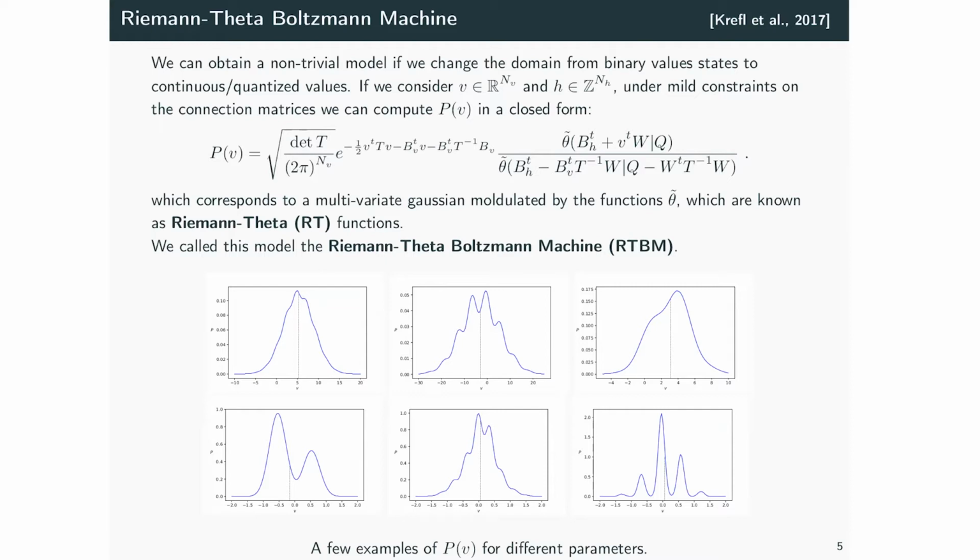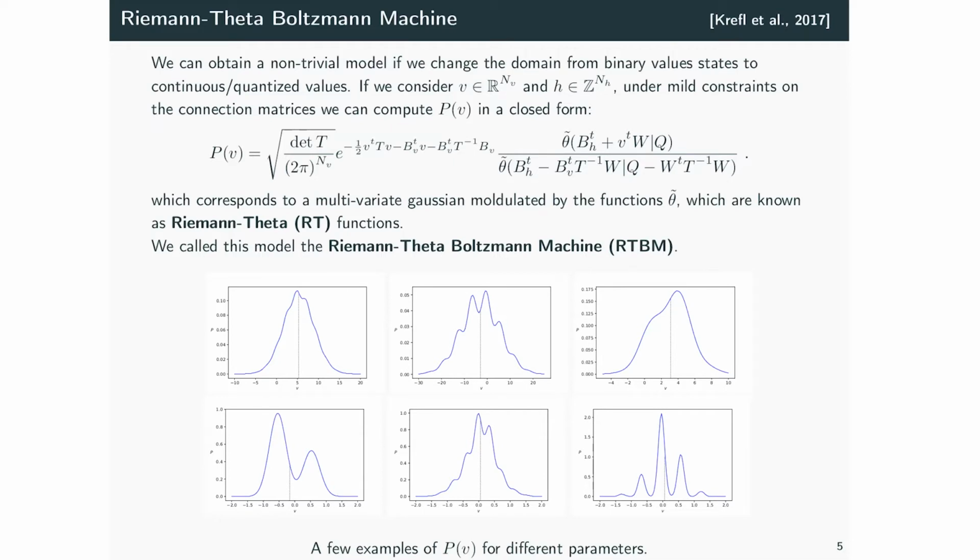So in particular, if you let V be a real vector and h an integer vector, if we assume some mild constraint on the connection matrices, we are actually able to compute this probability P(V) in this nice way, which is a completely analytical expression where we have this damping exponential factor here, and then we have this ratio of this particular function, which are known in mathematics as the Riemann theta functions, and that's why we decided to call this particular model the Riemann theta Boltzmann machine.